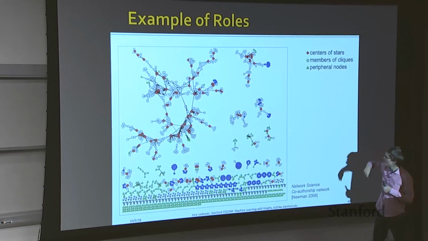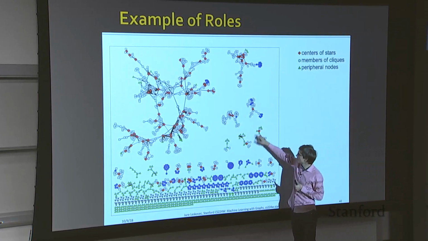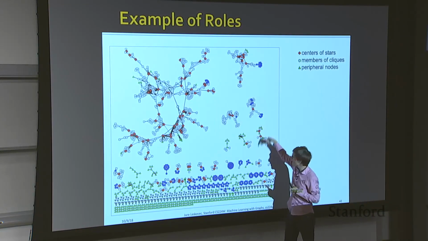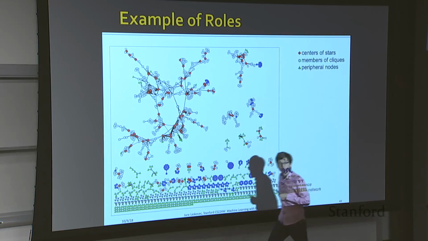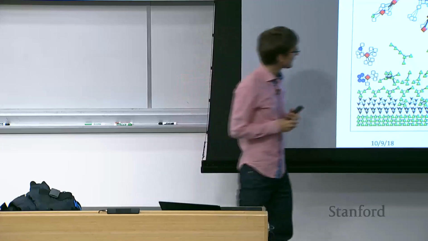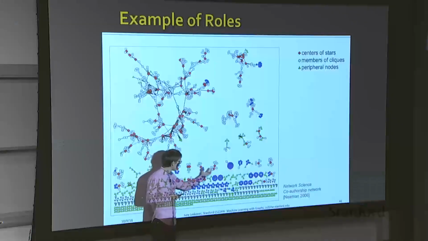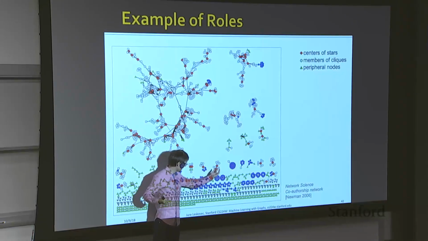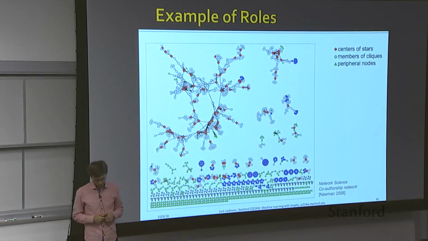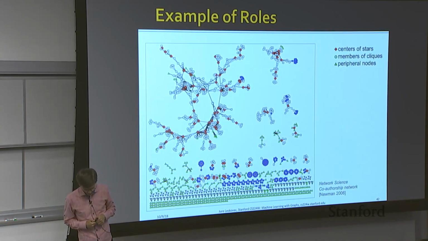And then the triangles are peripheral nodes. These are nodes that have just one or a few connections, generally to the center of the star. So what we would like to do is have a method that identifies these types of roles and then assigns each node to a role. Okay, that's intuitively the task.